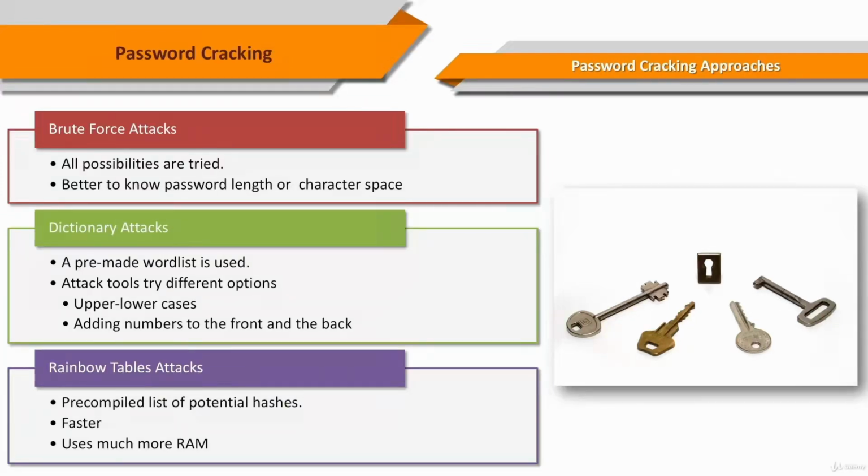Rainbow tables make password cracking much faster than the earlier methods, such as brute force cracking and dictionary attacks. Depending on the particular software, rainbow tables can be used to crack 14-character alphanumeric passwords in about 160 seconds. However, the approach uses a lot of RAM due to the large amount of data in such a table.